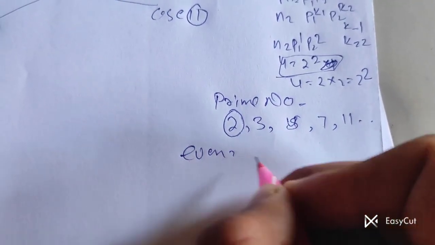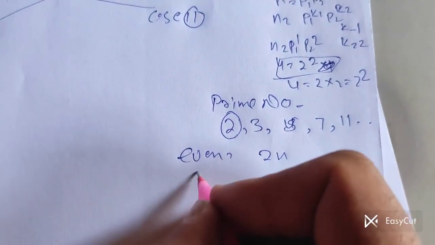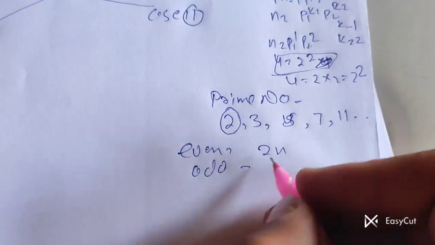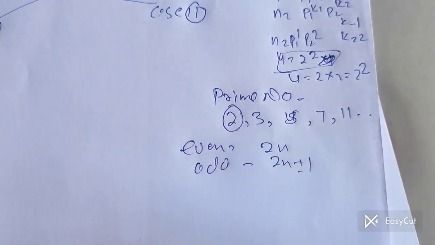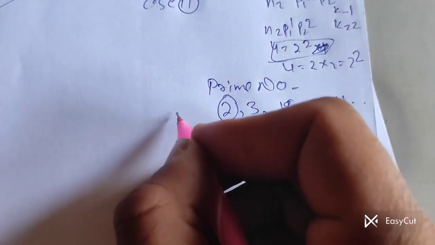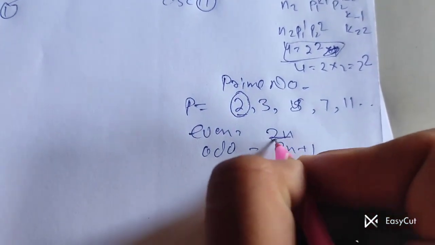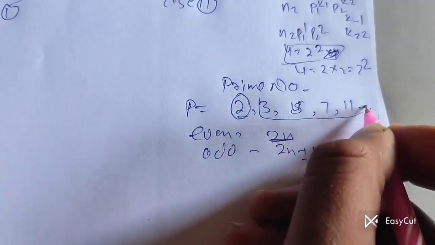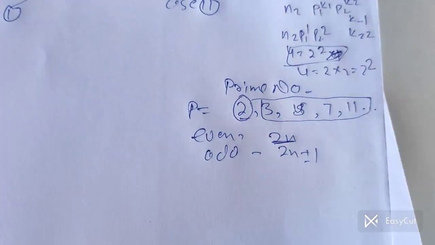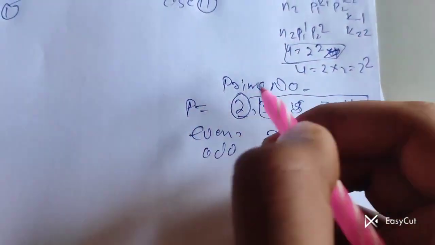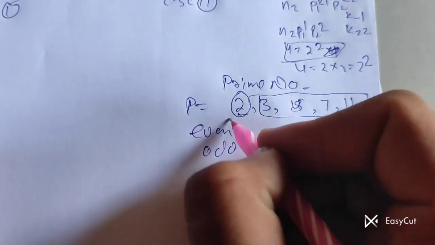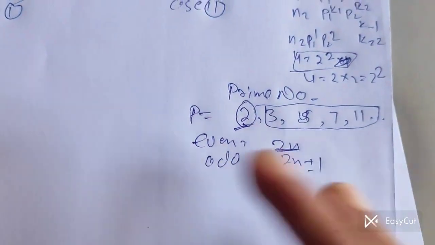Even means a multiple of 2, that is 2n, and odd means not divisible by 2, that is 2n plus 1 or minus 1. So the prime number 2 is the only even number and the remaining are all odd. So prime numbers are of two types: first a single element, which is 2, even, and the other elements are odd.